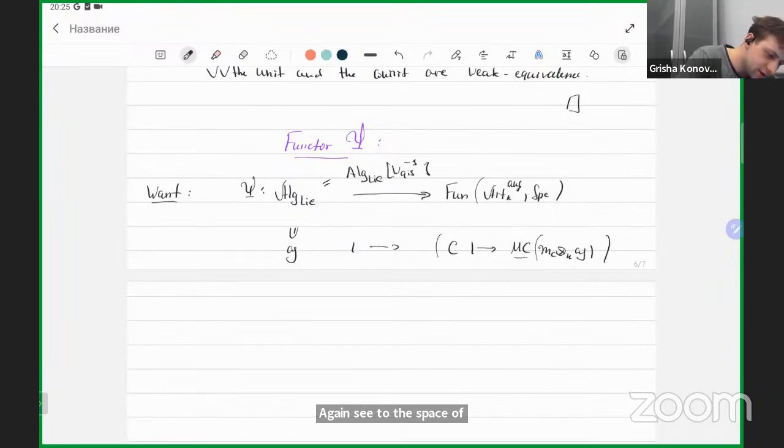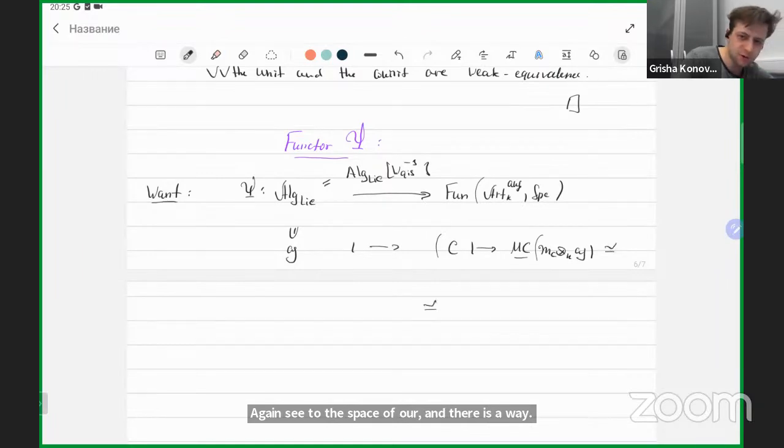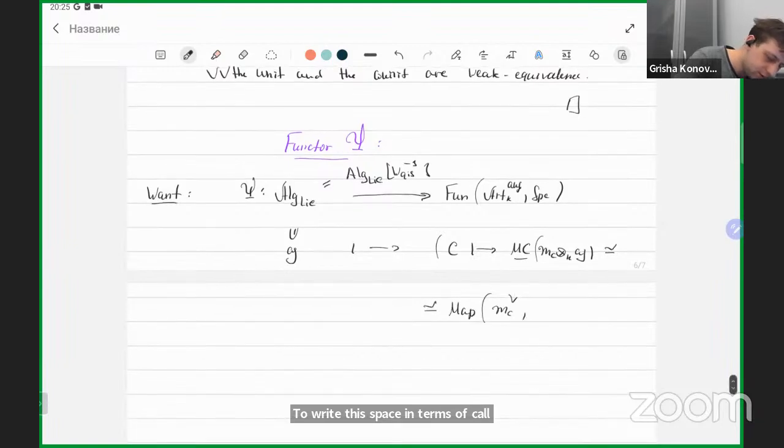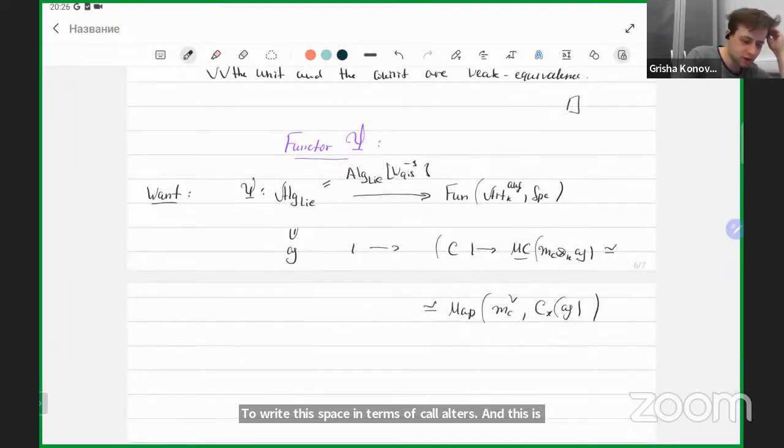And there is a way to write the space in terms of algebras, and this is just the mapping space from the dual algebra to the augmentation ideal to the Chevalley-Eilenberg construction of G.